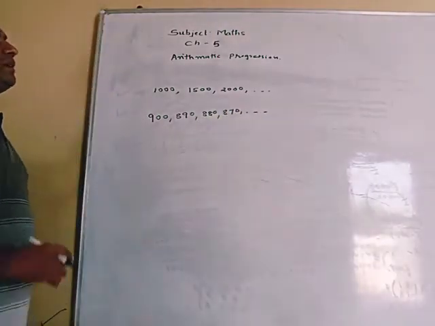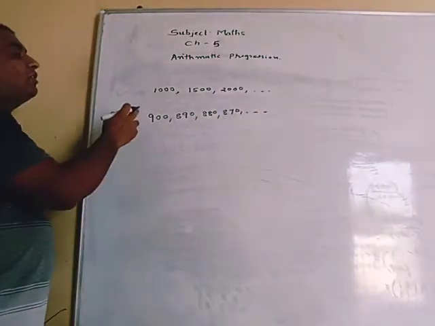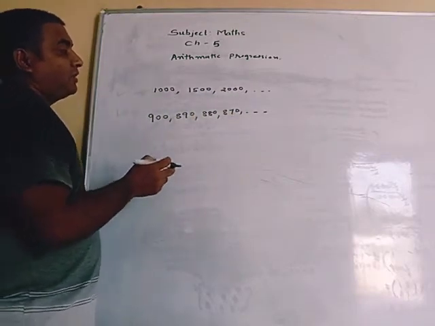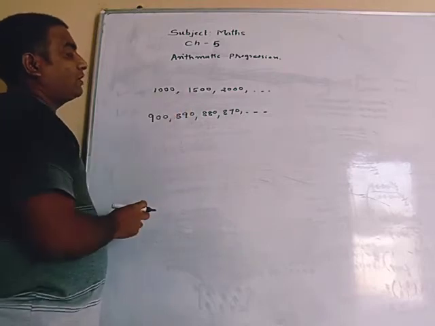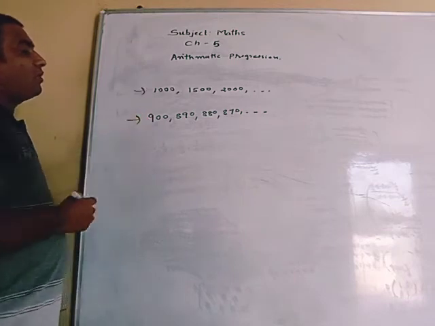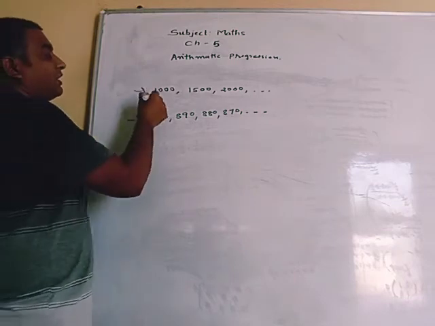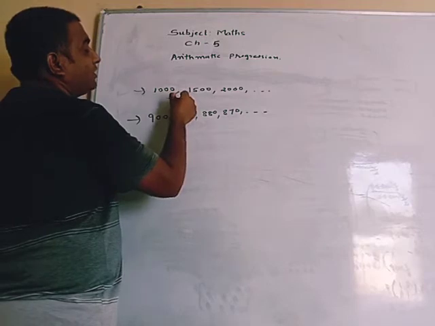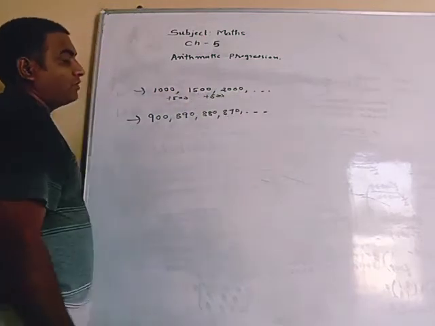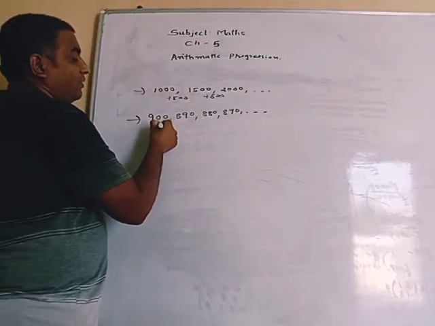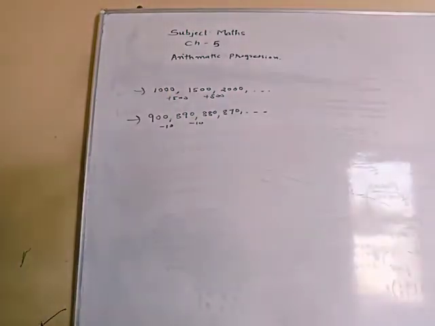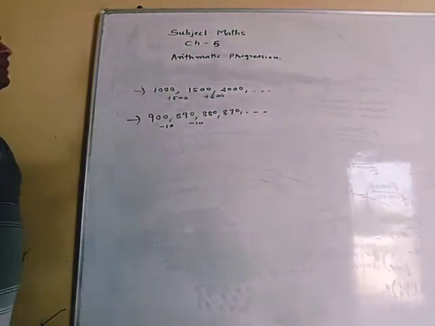So when we get a sequence by adding or subtracting a fixed number to get the next number, it is called an arithmetic progression. For example, in 1000 we add 500 and get 1500, again we add 500 and get 2000. Same way here we subtract 10 each time.